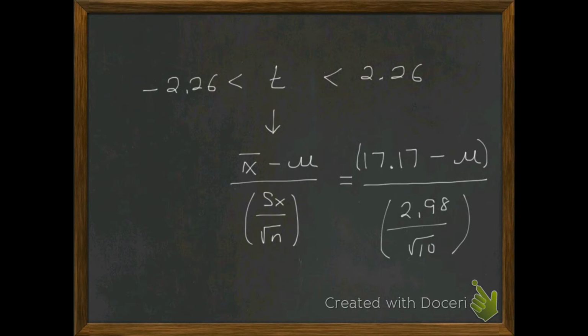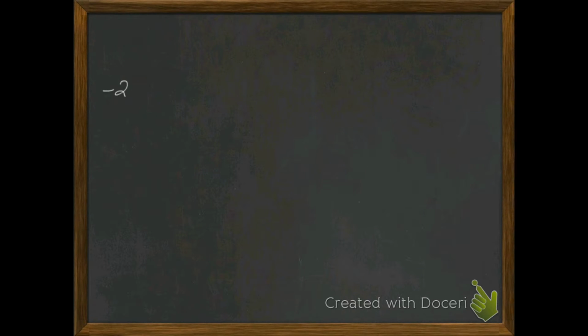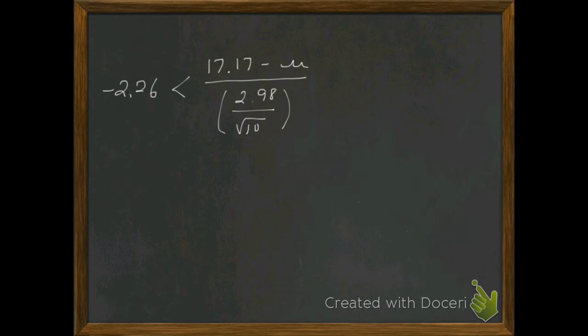So gang, I have negative 2.26. So the first thing I want to do is I want to multiply through by 2.98 divided by the square root of 10.